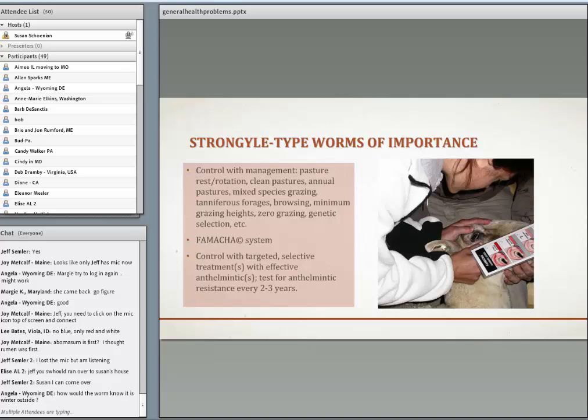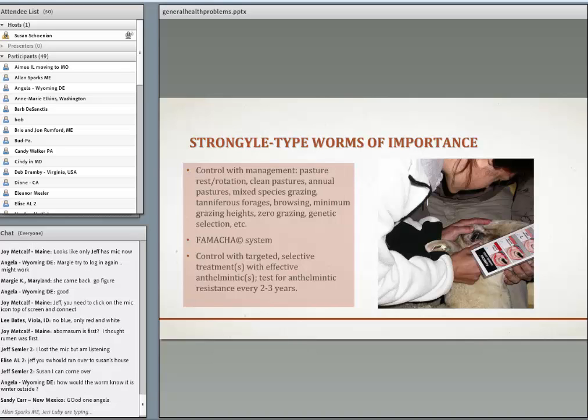Ideally, we want to do things from a management standpoint that's going to minimize the number of animals that actually need treated. And we've talked about some of these, pasture rest and rotation being the key. Probably the rest being the most important.